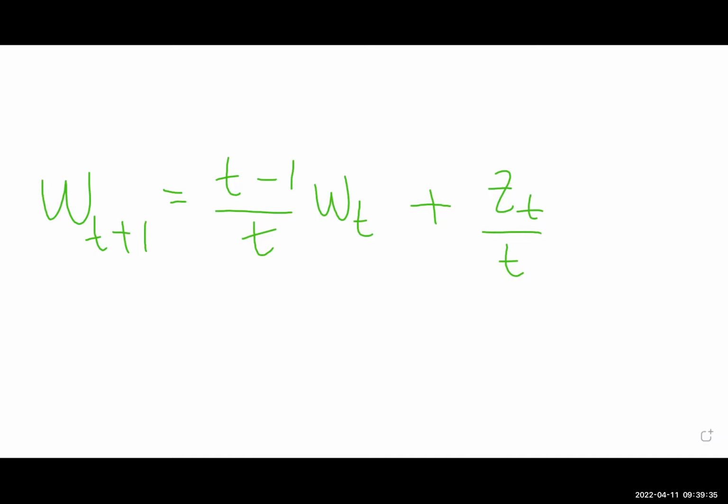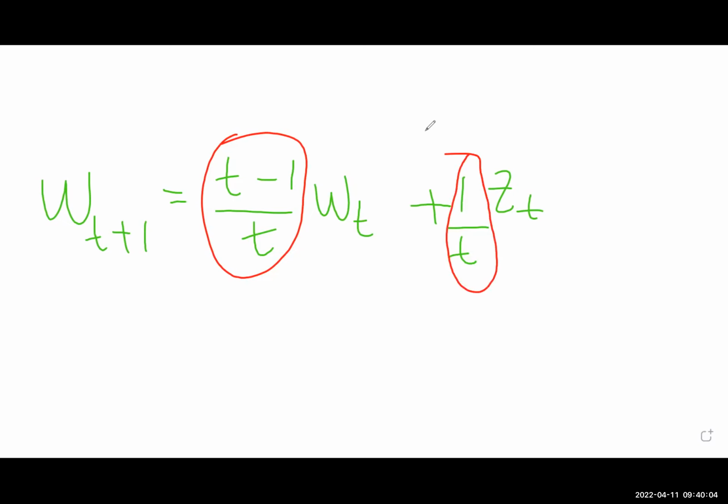Now, if you have this value, 1 over T, then (T-1)/T plus 1/T is equal to what? 1, right? Correct or not?